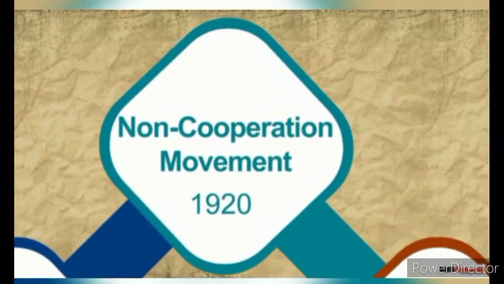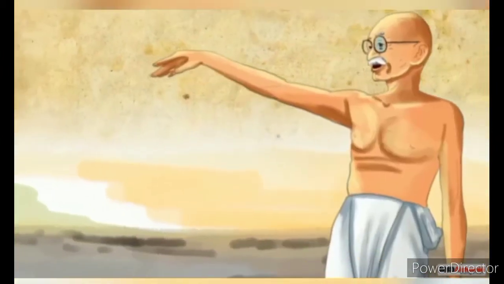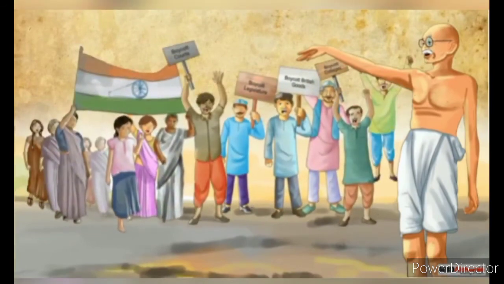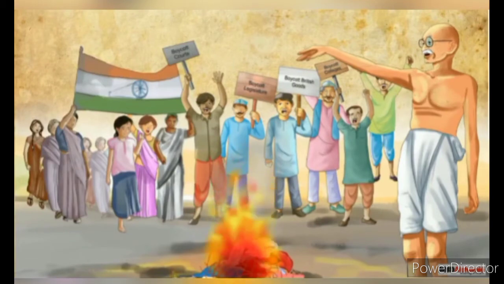Non-cooperation movement. Mahatma Gandhi launched the non-cooperation movement in 1920. He asked the people not to cooperate with the British government.